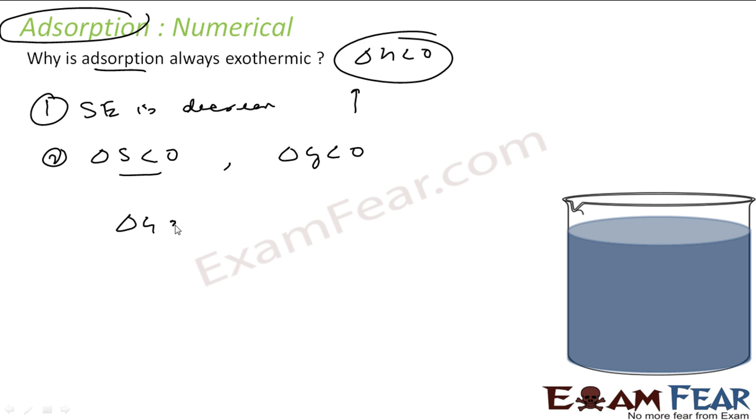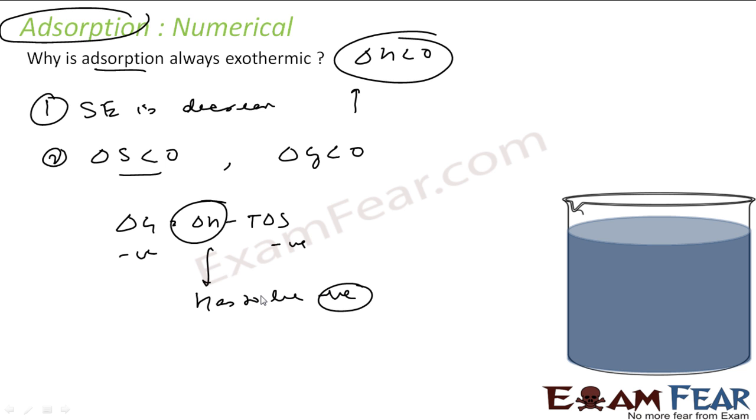I know that delta G is delta H minus T delta S. Delta G is negative and delta S is negative, so delta H has to be negative. Thus we can say that delta H is negative, that means it is exothermic. So adsorption is always exothermic.